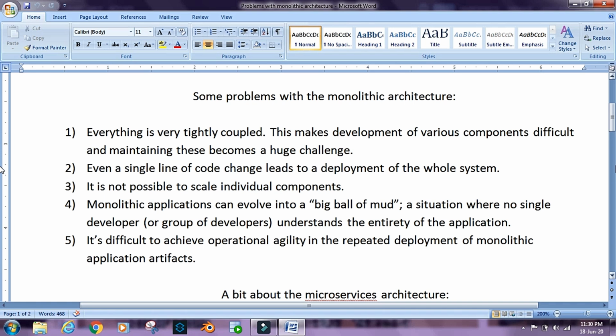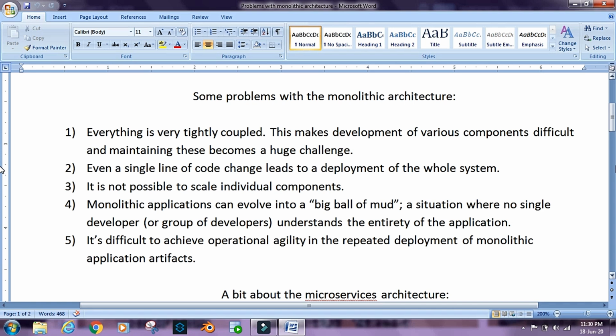So there might be a person or a team working on the front end, the user interface, and there might be another team or another person working on the application layer that talks to the database, that receives the requests and sends the response back to the user interface.